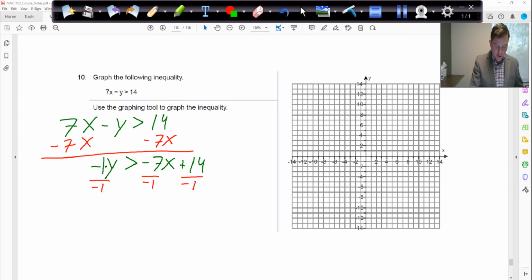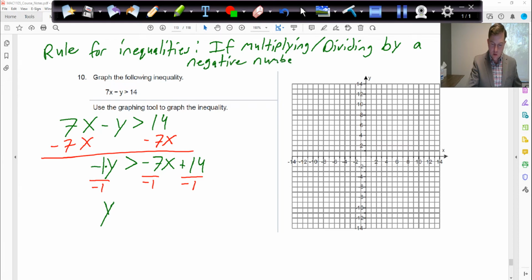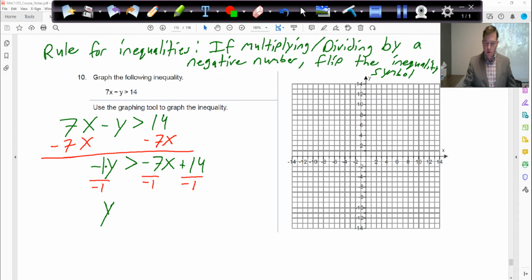on the left, the minus 1's cancel, you get y. Now this is the only rule I have to remember for inequalities. If multiplying or dividing by a negative number, flip the inequality symbol.